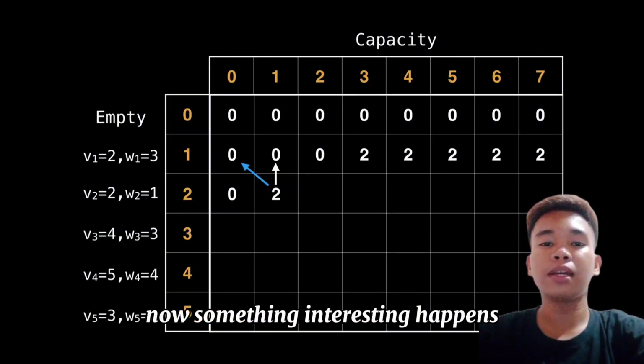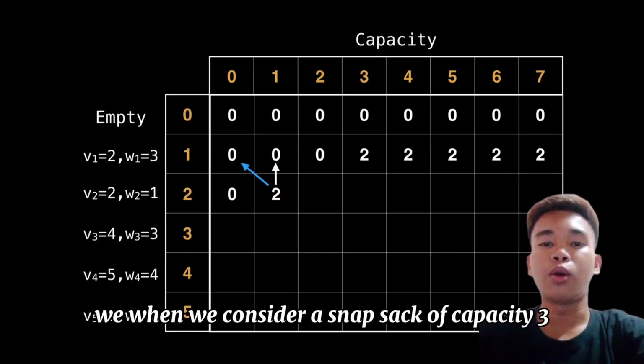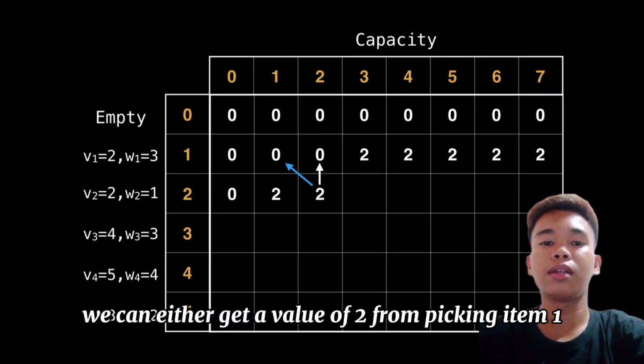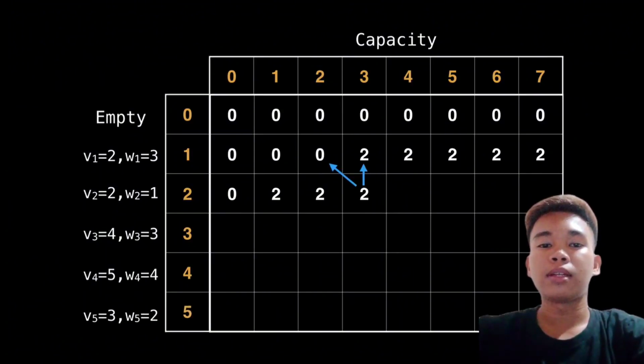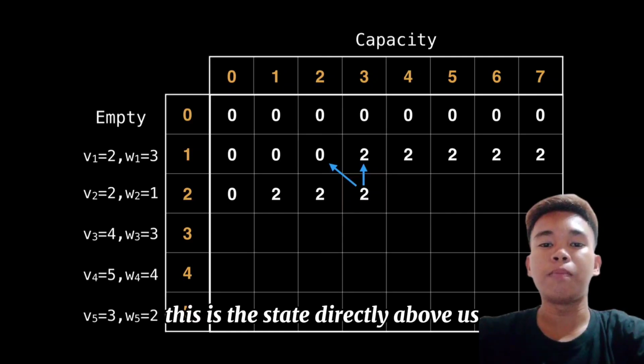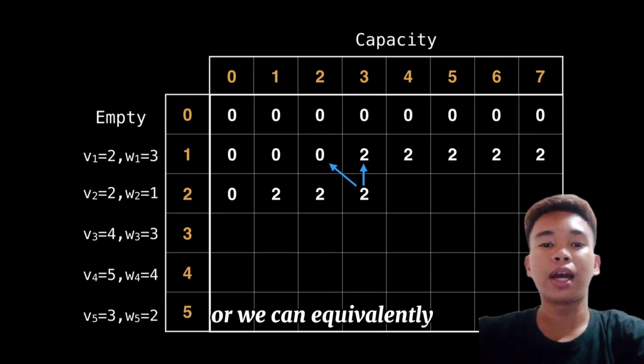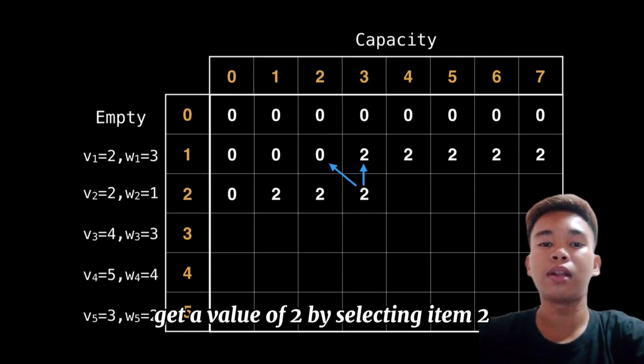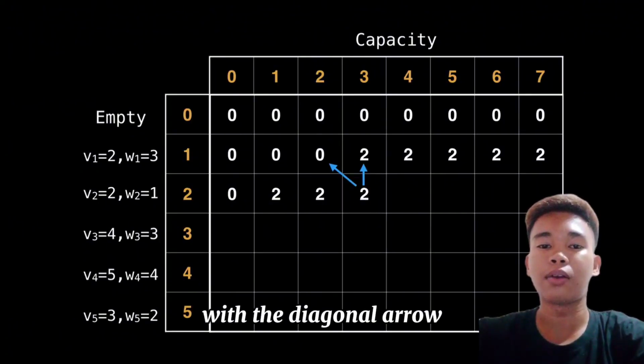Now, something interesting happens when we consider a knapsack of capacity 3. We can either get a value of 2 from picking item 1, which is the state directly above us, or we can equivalently get a value of 2 by selecting item 2 with the diagonal arrow.